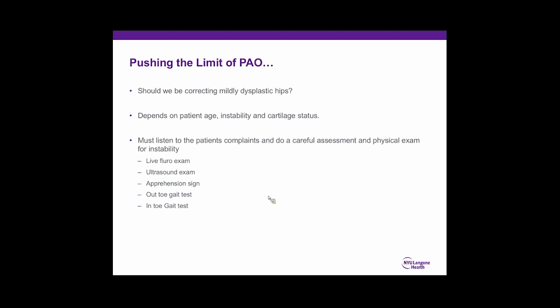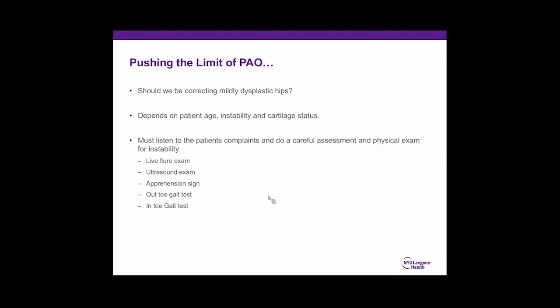And instability is something that you can really only truly assess by listening to the patient and performing a very careful exam. I sometimes use a live fluoroscopy exam or an ultrasound exam, but I rely on apprehension sign and on physical exam, looking for increased pain with an out-toed gait or decreased pain with an in-toeing gait, which indicates to me that the patient is trying to stabilize their hip.